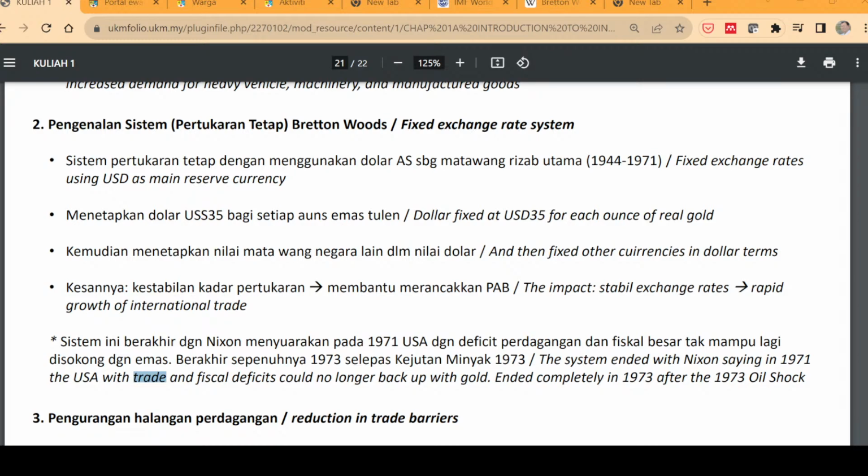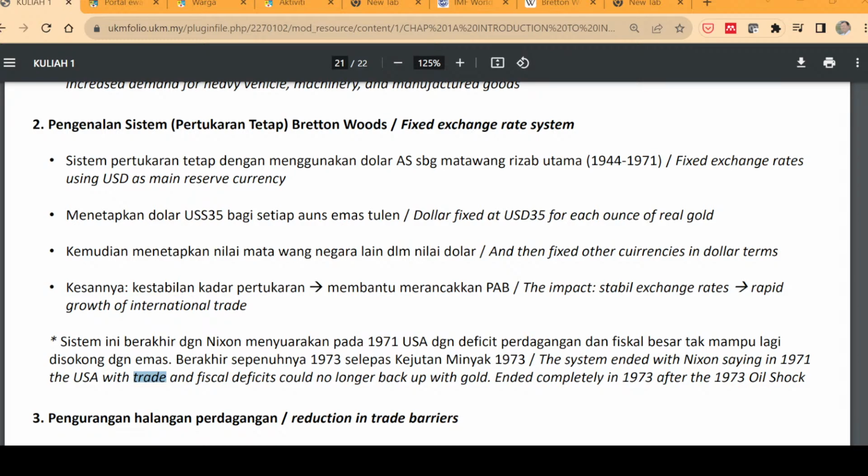So because of this deficit, a trade deficit means the United States owes other countries money, and that money is a liability that you owe.